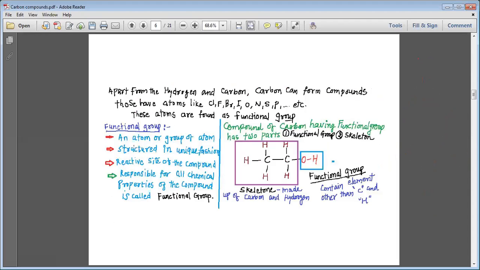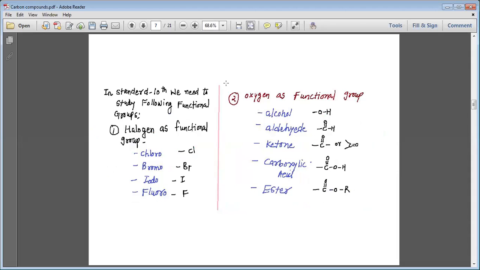Then we have studied about the definition of the functional group, that an atom or a group of atoms structured in unique fashion, and reactive side of the compound responsible for all the chemical characteristics of the compound is known as the functional group. We have seen that in organic compound we have two parts, one is functional group, another is skeleton. Then, my dear students, we have studied about the various functional groups.